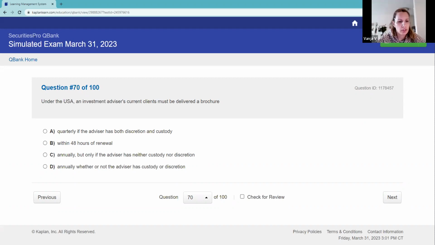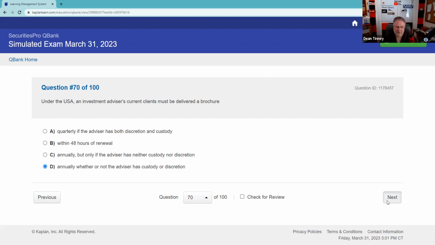So you've got a 50-50: annually, but only if the advisor has neither, or D, annually, whether or not the advisor has custody or discretion. Excellent. You're pretty solid on this stuff.